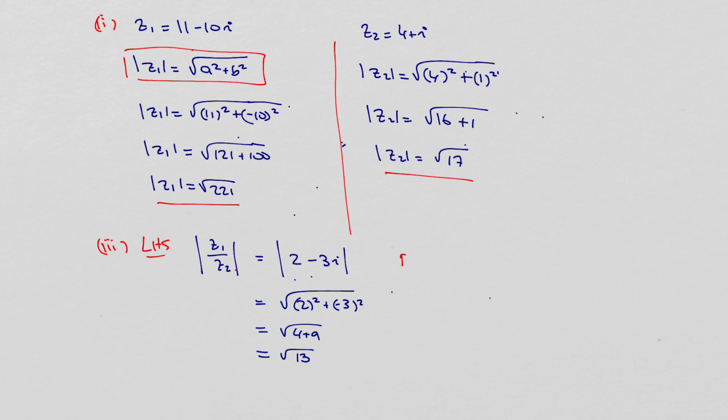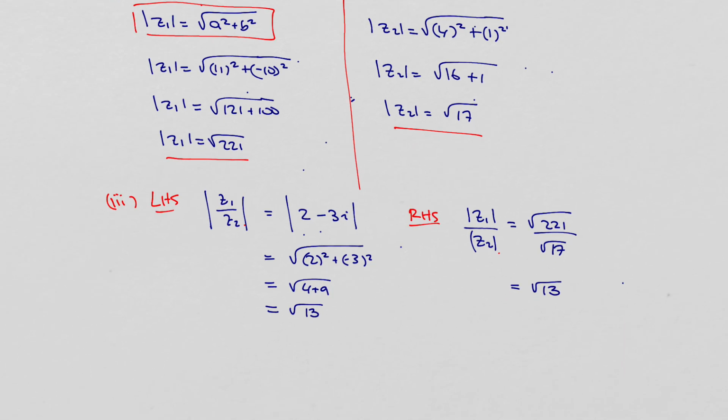And then the right-hand side is the modulus of z1 divided by the modulus of z2. So the modulus of z1 is the square root of 221 over the modulus of z2, which is the square root of 17. And if I divide root 221 by root 17, or you can use your calculator, we end up with root 13.